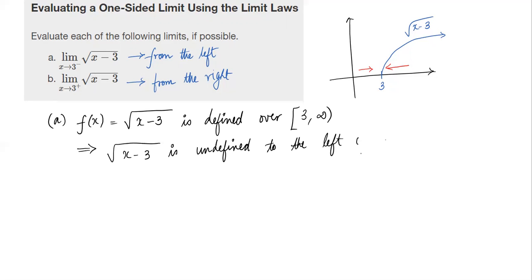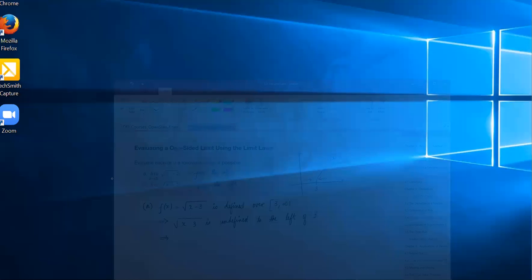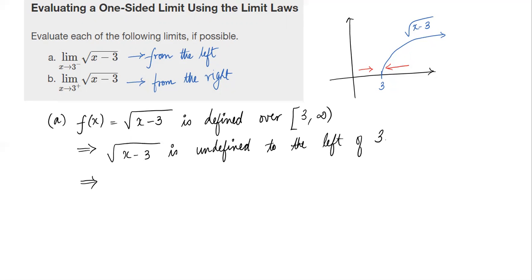Clearly, there is no function happening to the left of 3, so it's undefined. And the function is not defined to the left of 3. That means the limit as x approaches 3 from the left does not exist. Remember, we said DNE.